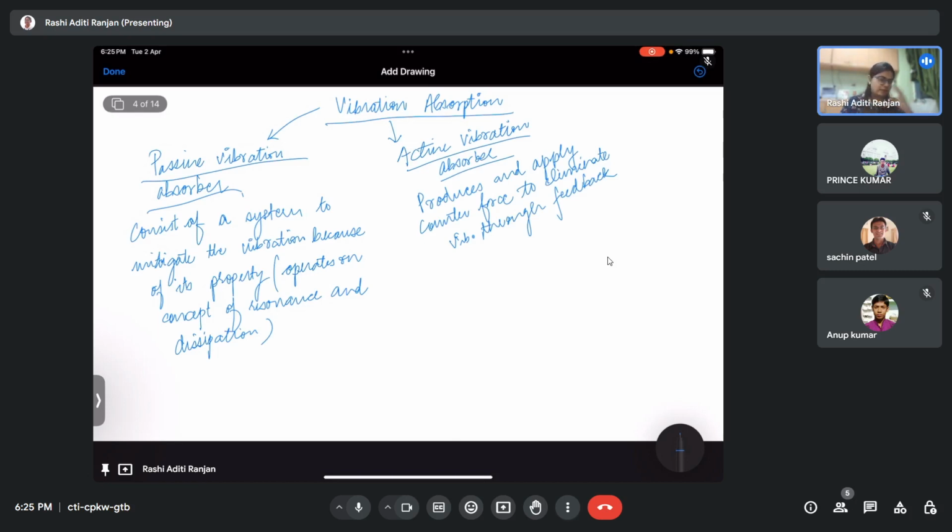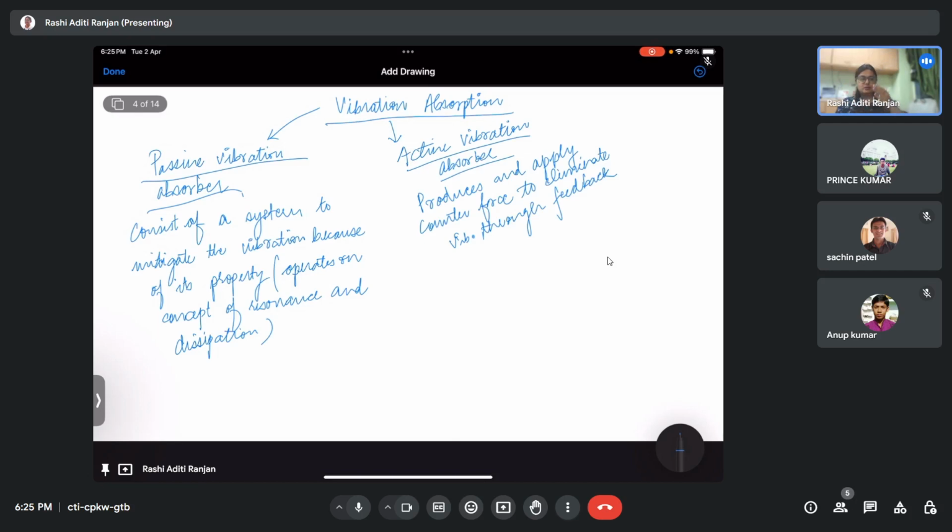What if, at the current state, whatever the state of the system is, I take it from the sensor and send it to a feedback loop, such that whatever the input being given to the system now changes depending upon whatever the system is performing, whatever the signal we are getting from this sensor. Okay, so the active vibration absorber actually works on that. What I mean is that first it will produce and then it will apply a counter force such that vibration is eliminated.